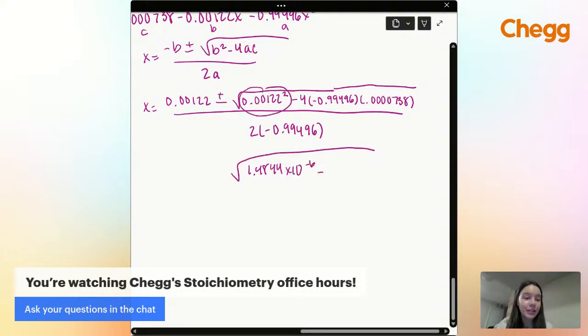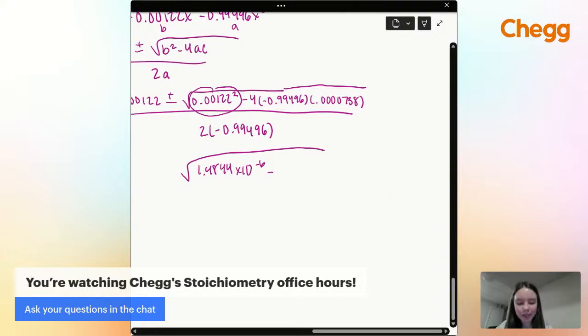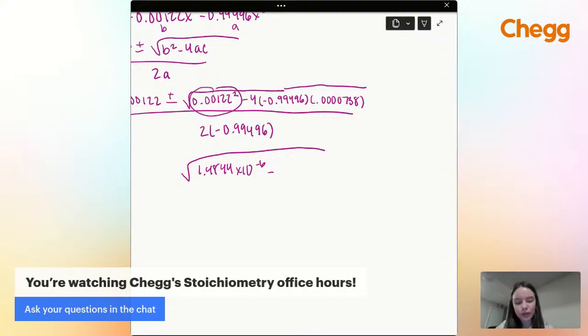If you aren't given a calculator on a test, this is what you'll be doing. And then we have 4 times 0.99496 times 0.0000738. And that will be plus, the reason that's a plus is I have a double negative, 2.94 times 10 to the negative 4th.